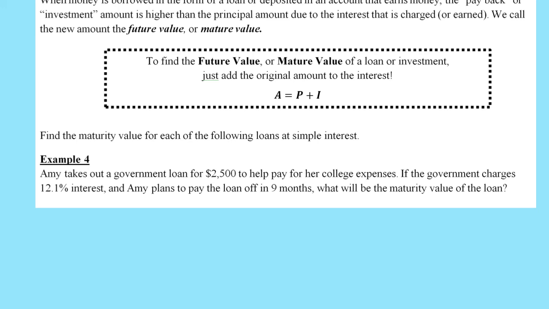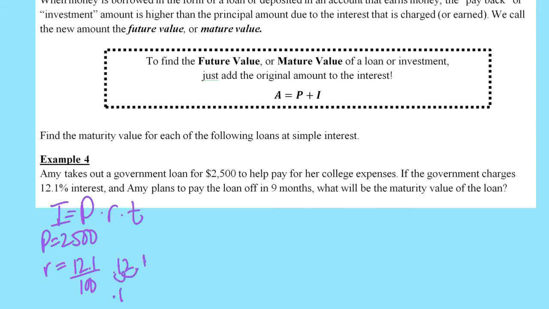Okay, so again, we're going to find this the same way. We're going to first use the P times R times T to figure out our interest. And so we still need P, 2,500. We need R, 12.1 divided by 100, or move it over twice, 0.121.